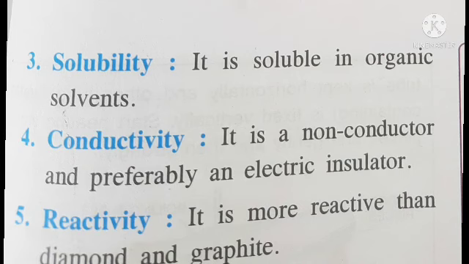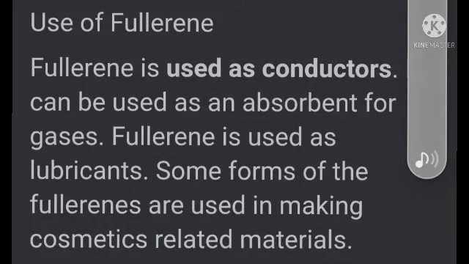It is a non-conductor of electricity and it is an insulator. It is more reactive than diamond and graphite. Its use: it is used as superconductors, semiconductors, lubricants and as a catalyst. So this is all about fullerenes.